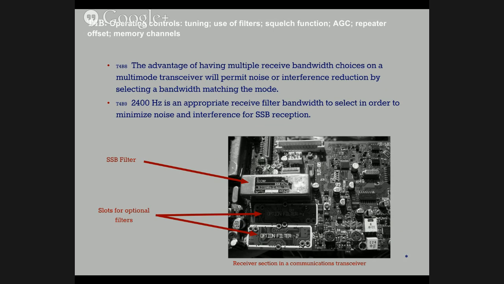For single sideband, 2400 hertz is a good bandwidth filter to zero in on a single sideband station. On some radios, the filters have to be physically swapped in, and some have them set up to be variable, and they can be set by a menu option.